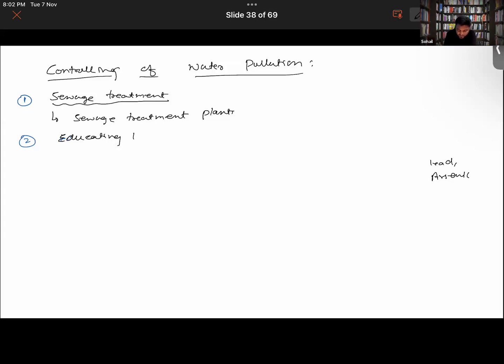So educating the farmers and citizens. About the farmers, we need to educate them about the correct amount of fertilizers or pesticides or weedicides.